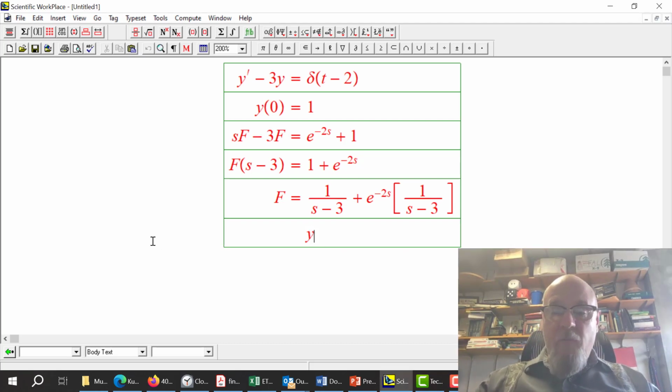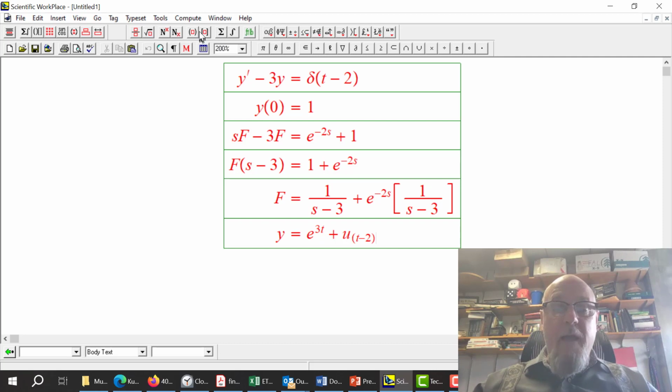Inverse Laplace of F is y. Inverse Laplace of 1 over s minus 3 is e to the 3t from the chart. Plus, okay, e to the minus 2s, that's the Heaviside step function when we inverse Laplace. So at 2 seconds, so t minus 2.